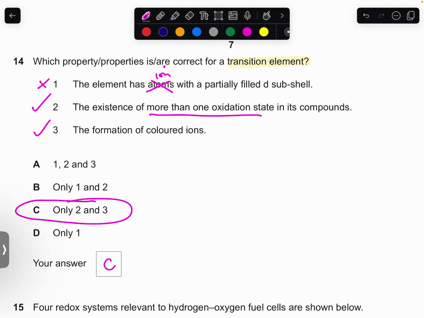Can you see, ladies and gentlemen, how easy it is to overlook that word? It must read as one of its stable ions that has a partially filled d subshell. While we're here, let's give an example of that. Copper has got a 3d10 4s1, and so a copper Cu2+ ion has a 3d9 subshell, 9 electrons in the 3d subshell, which is partially filled.